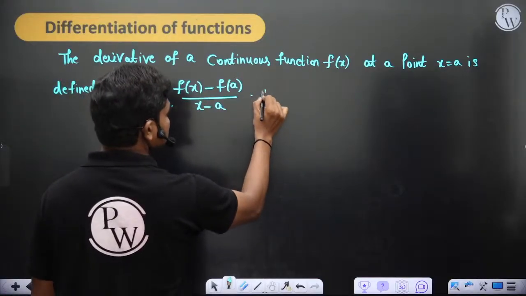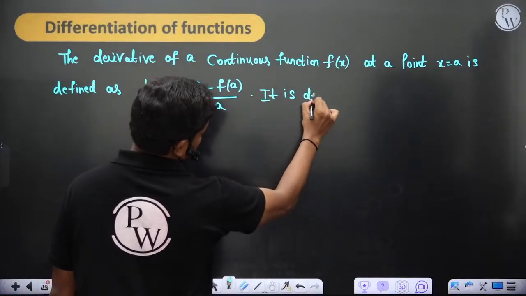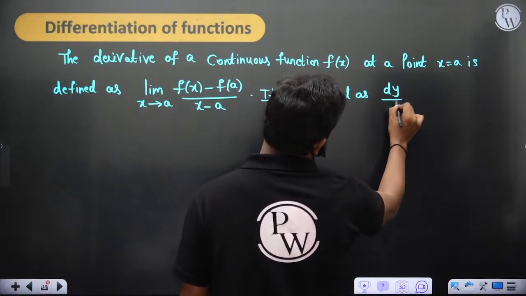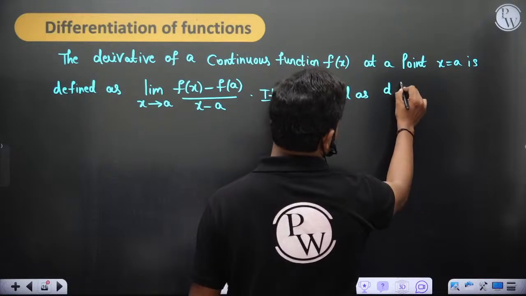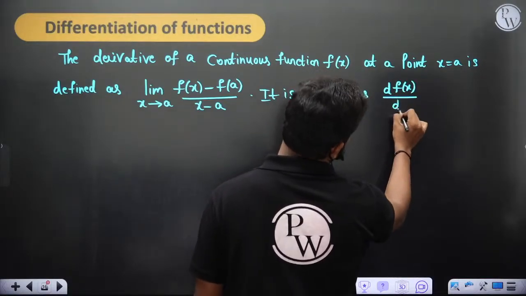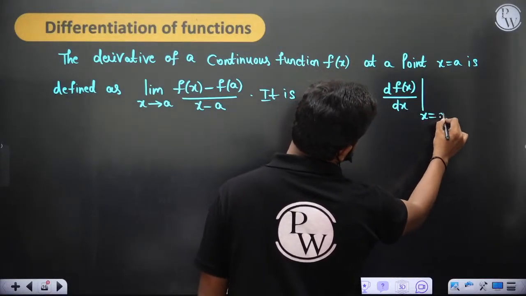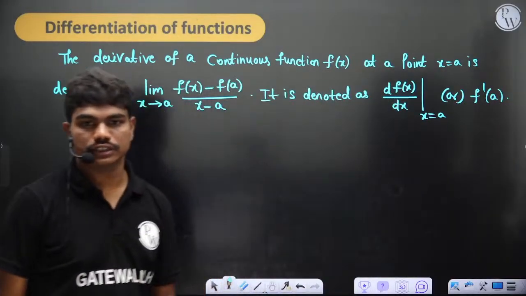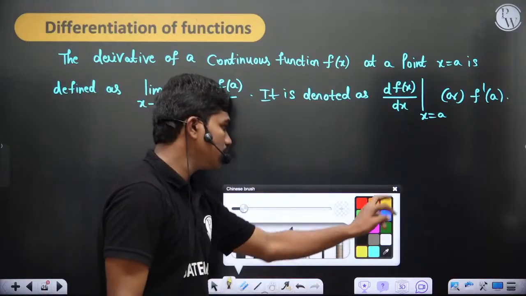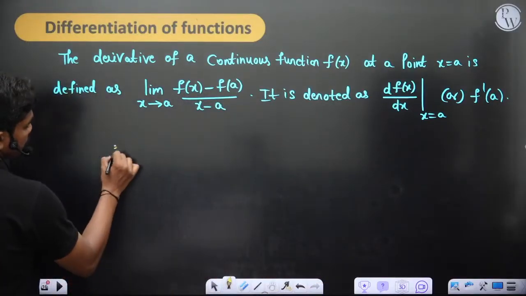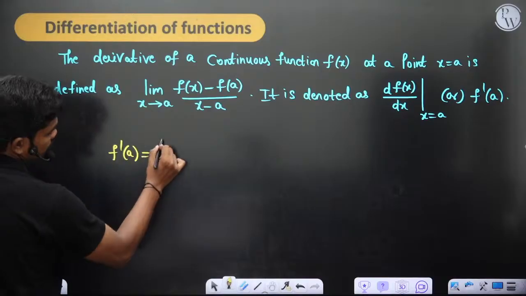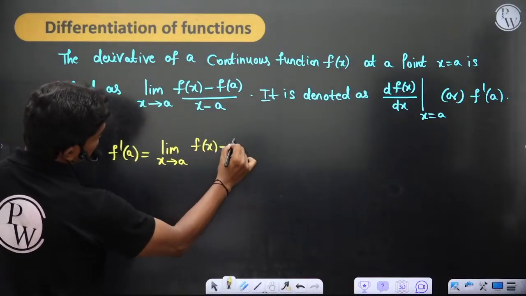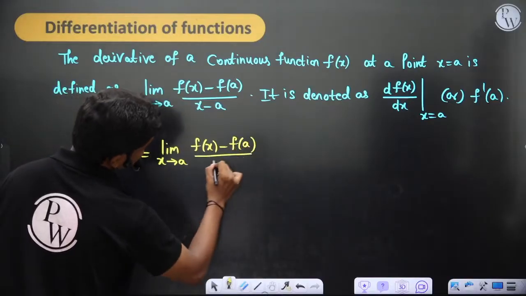It is denoted as dy or df of x by dx at x equal to a, or in simple terms it's denoted as f dash of a, of course. Okay, then if you write this, f dash of a is nothing but limit x tends to a of f of x minus f of a divided by x minus a again.